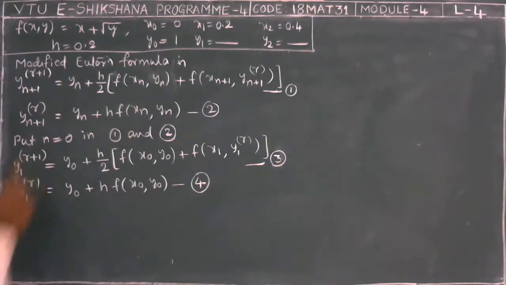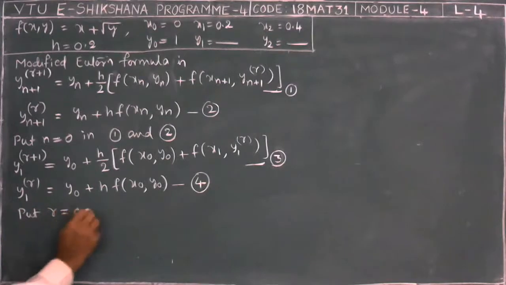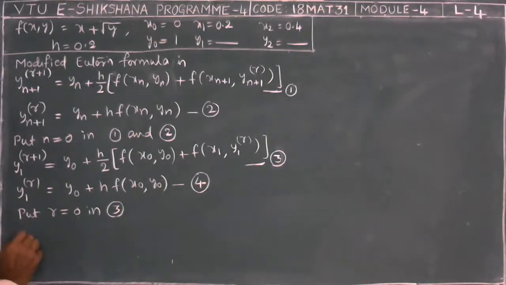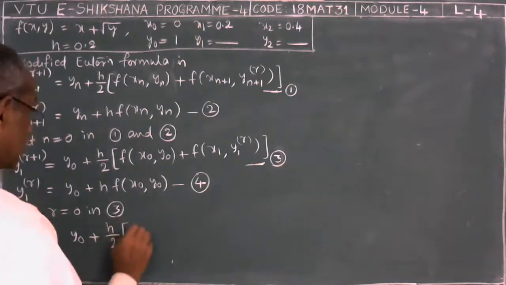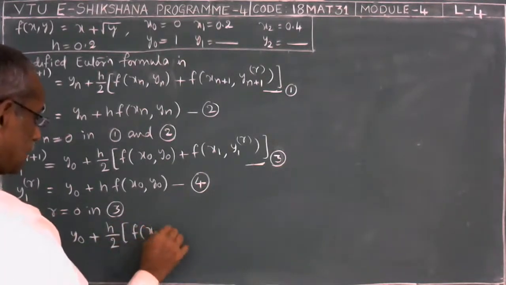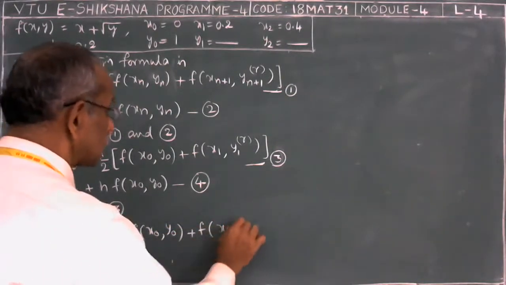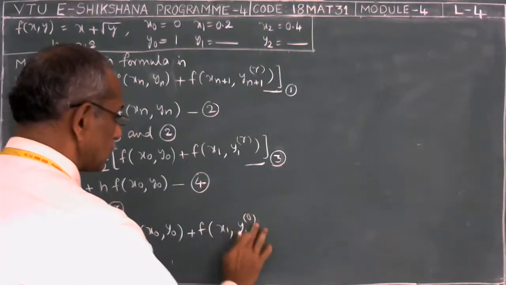Now the first iteration I will get by fixing r is equal to 0 in 3. So put r is equal to 0 in 3. You get y1 is equal to y0 plus h divided by 2 into f of x0 comma y0 plus f of x1 comma y1 superscript 0.